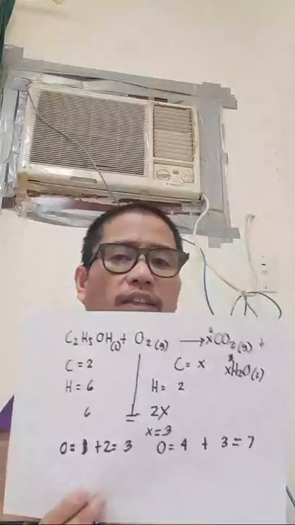And in our product side, we have oxygen here also. In CO2 we have 4, and on the other side we have 3, equals 7. Class, where is the deficient? It is in the reactant side, so we need to put more atoms in the reactant side. Always take note to put the number of atoms on the deficient side, not on the full atom side.